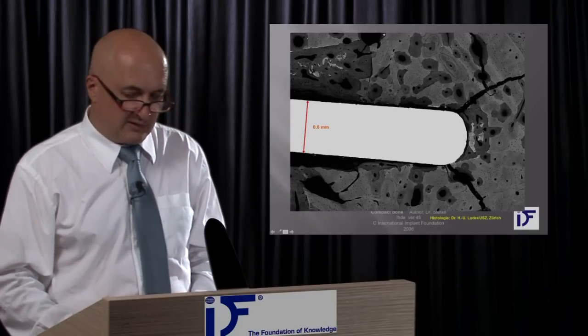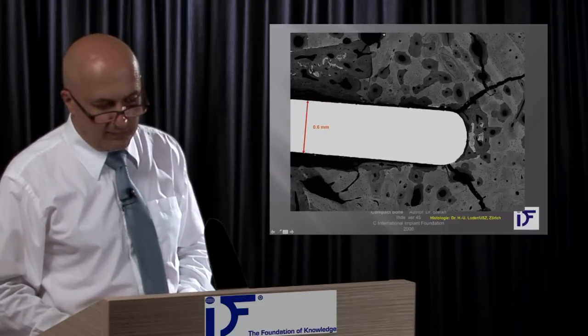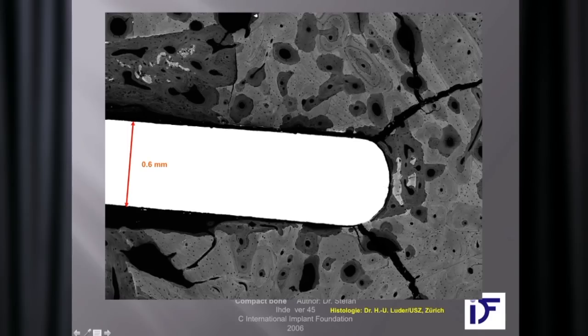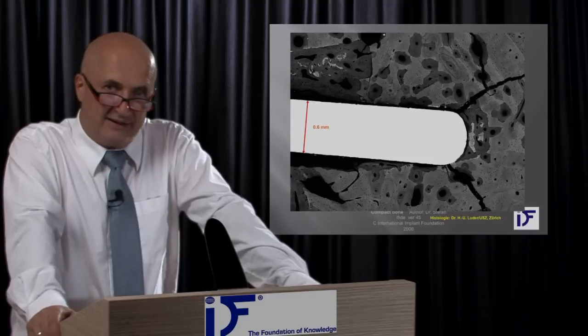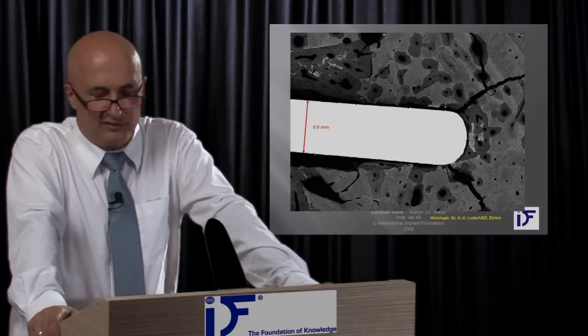The same actually is seen on the right side of this base plate here. These white particles here, this is bone which has been chipped off by the base plate, and this old bone is now trapped here. And this old bone will remain there until the end of the life of this animal, unless just by chance it is going to be remodeled by new osteonal bone.